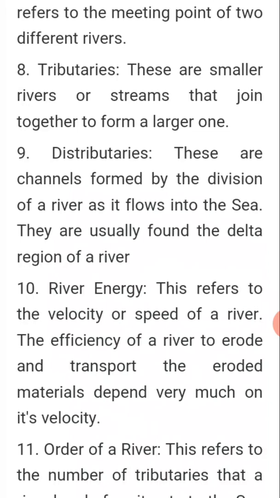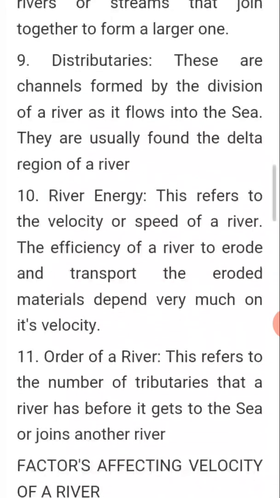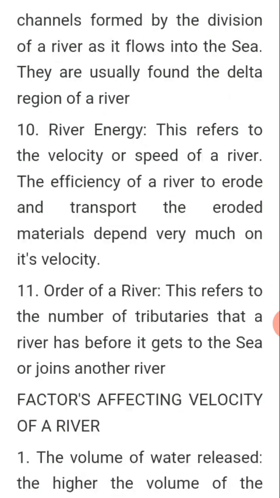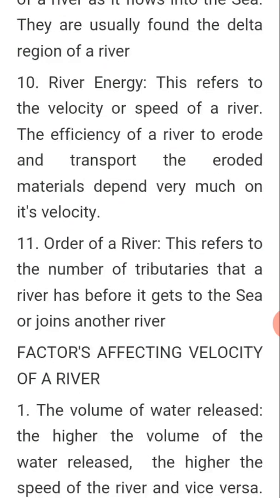Tributaries. These are smaller rivers or streams that join together to form a larger one. Distributaries. These are channels formed by the division of a river as it flows into the sea. They are usually found in the delta region of a river. River energy.